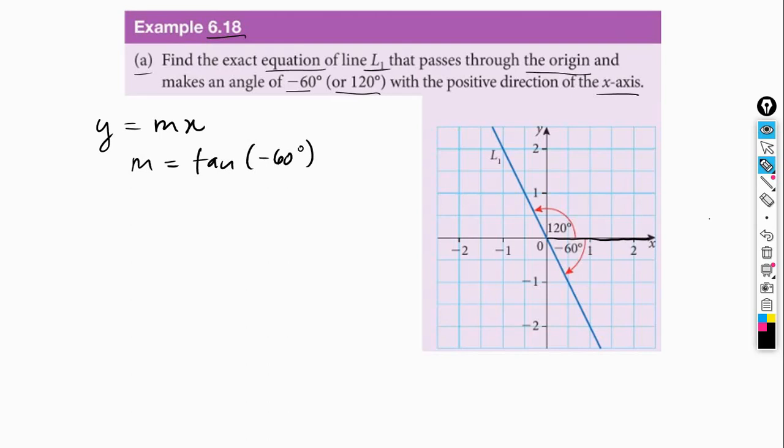So y is equal to the tangent of negative 60 degrees times x. And if we solve for the tangent of negative 60 degrees, we're going to get that y is equal to minus square root of 3 times x.